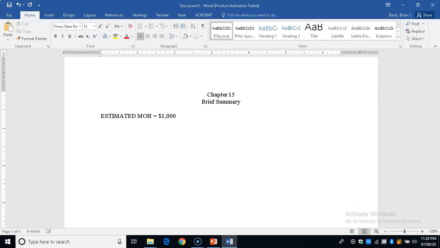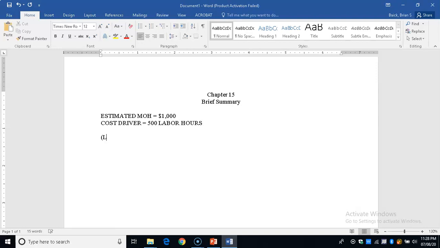It may not be 1,000, but that's what I think. Then we have to use some kind of cost driver. Cost driver means that if you have more cost driver, you have more overhead cost. Let's say that we think we're going to have 500 labor hours.